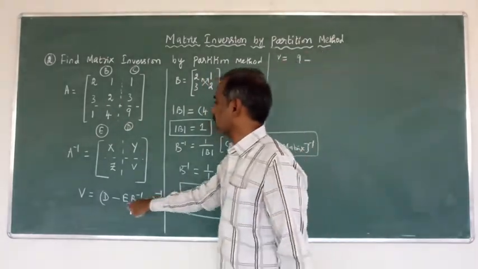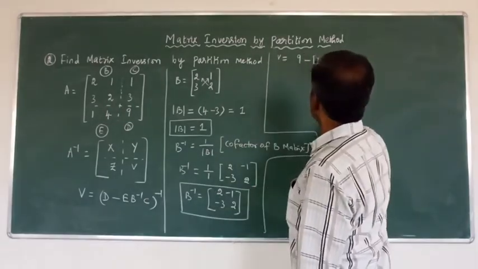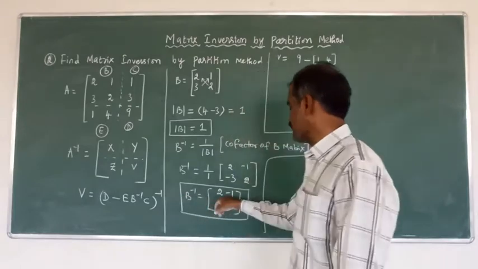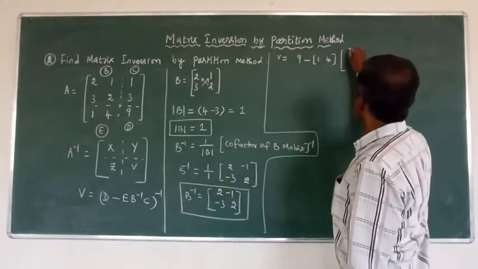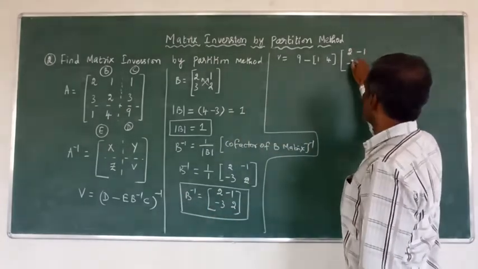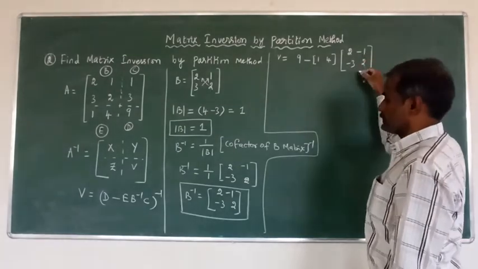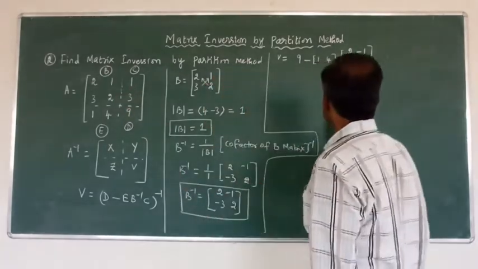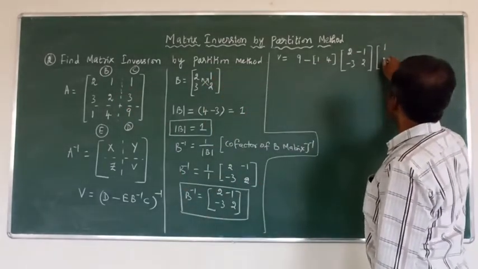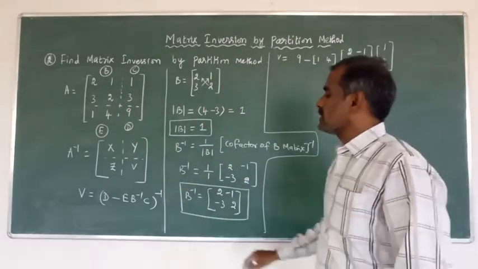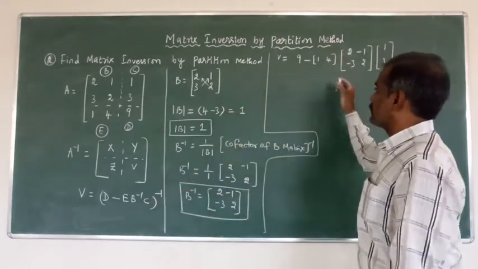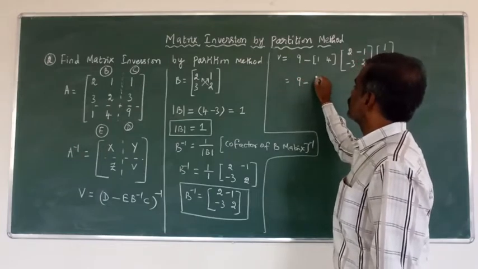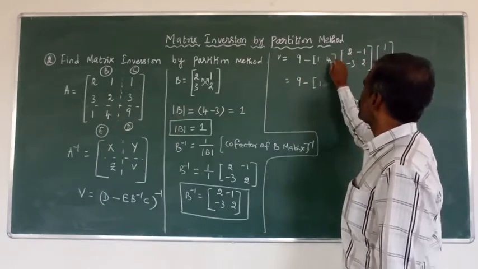minus E value 1 4. Next, B inverse value 2 minus 1 minus 3 and 2. After that, C value 1 3. Inverse we can find out later. 1 minus 1 4.